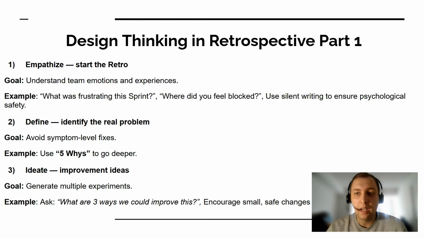We need to have some improvement ideas, so we generate multiple, as many as possible. Then we can move on with that, right? So what could be 3 ways, even if it's small? If it's small, it's still a change, right? Small, incremental steps are still better than not having any.